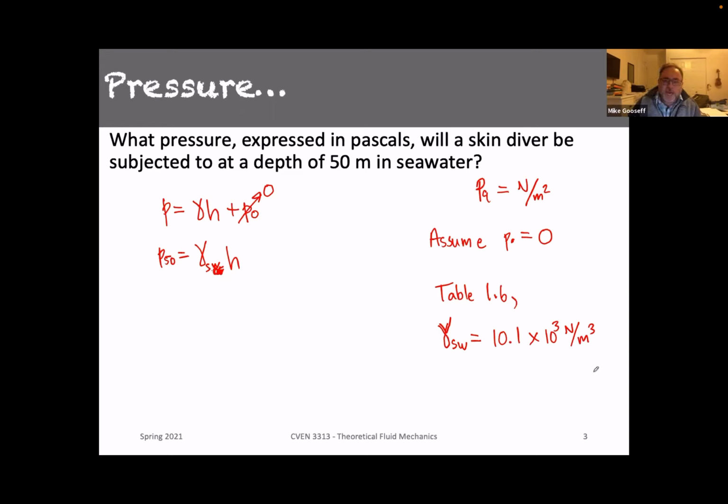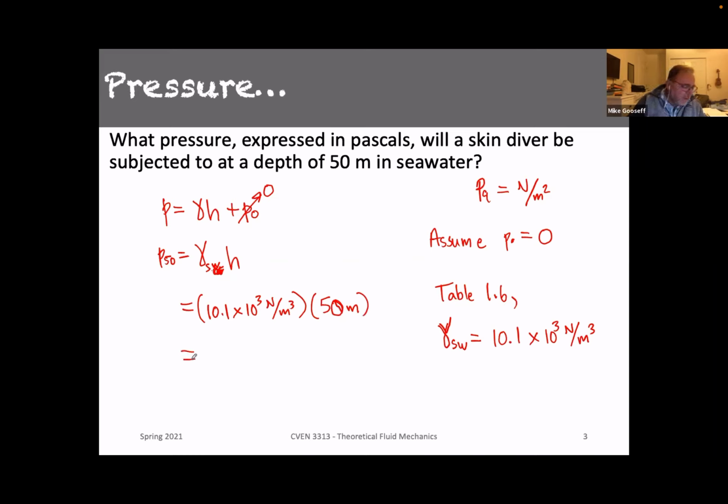So let's put that now into our equation here, and we end up with 10.1 times 10 to the third newtons per meter cubed, times 50 meters.